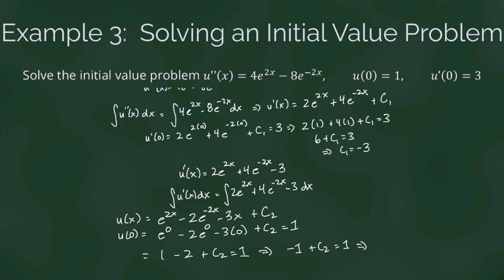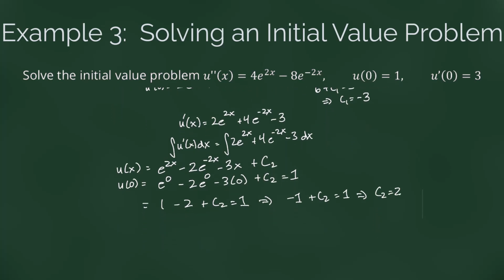So that c2 must be equal to 2. And so we finally know that our solution to our initial value problem is that u of x is equal to e to the 2x minus 2e to the negative 2x minus 3x plus 2.